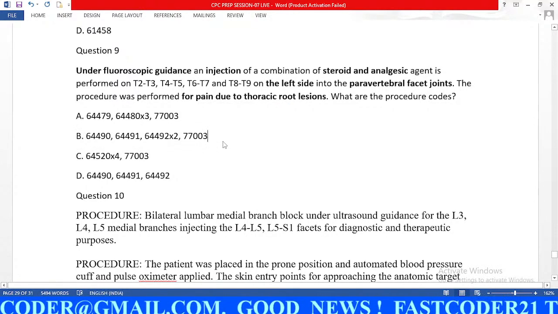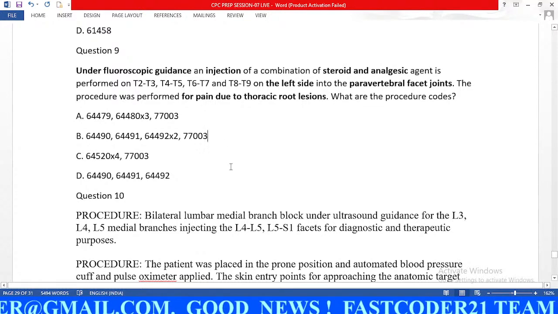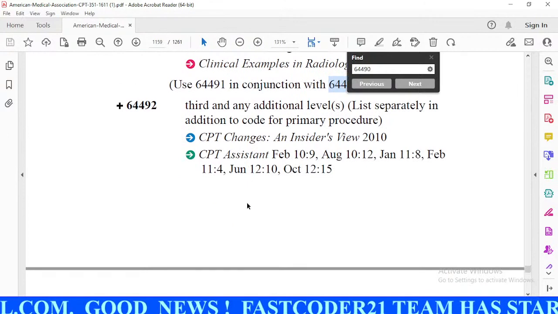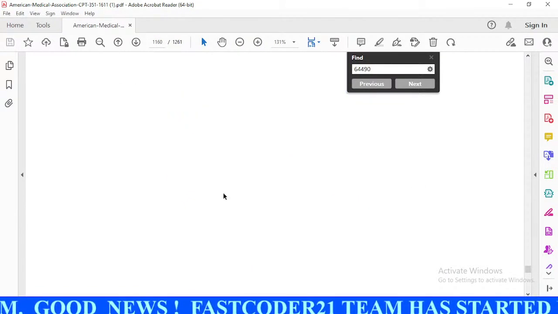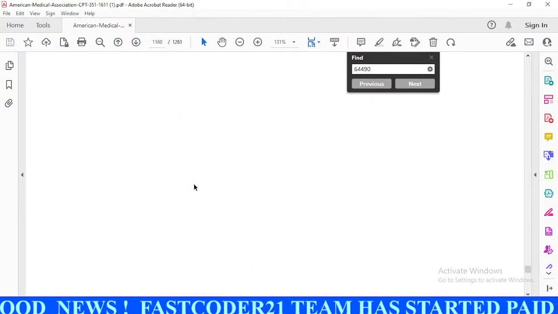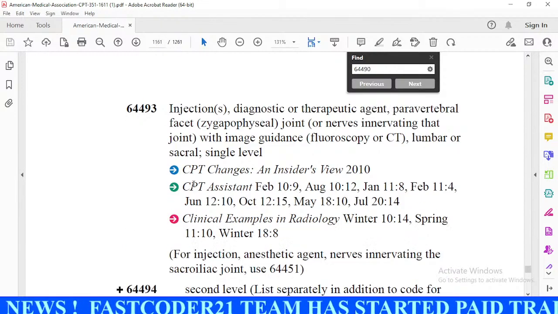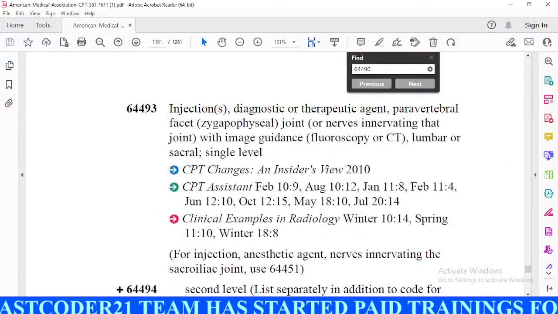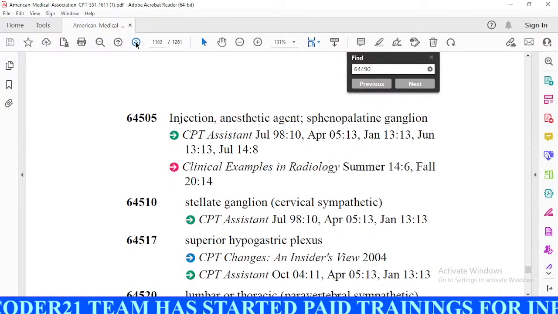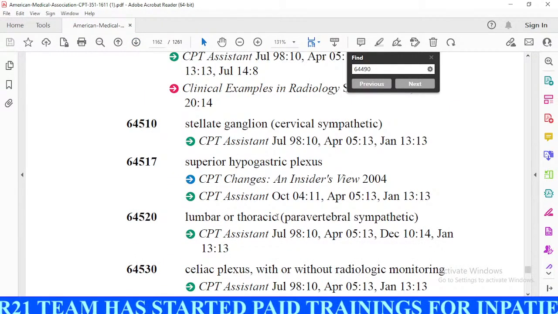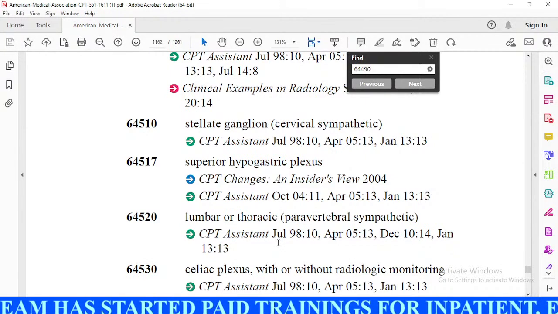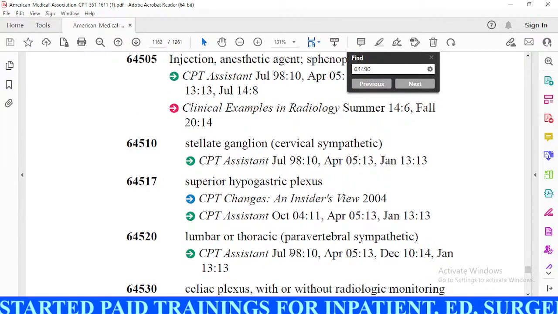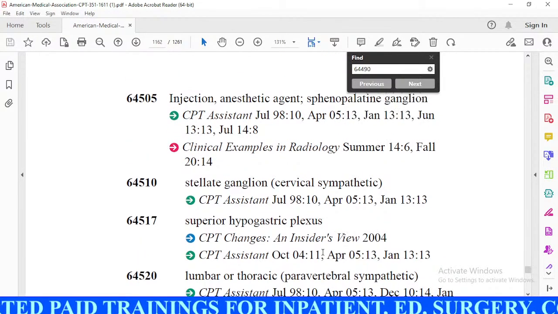So we can directly eliminate B, as fluoroscopy is not coded separately with 64490. Now we can check 64520. In spinal procedures, imaging guidance is very important, so we need to check the imaging guidance. Here it is lumbar or thoracic, paravertebral, sympathetic.